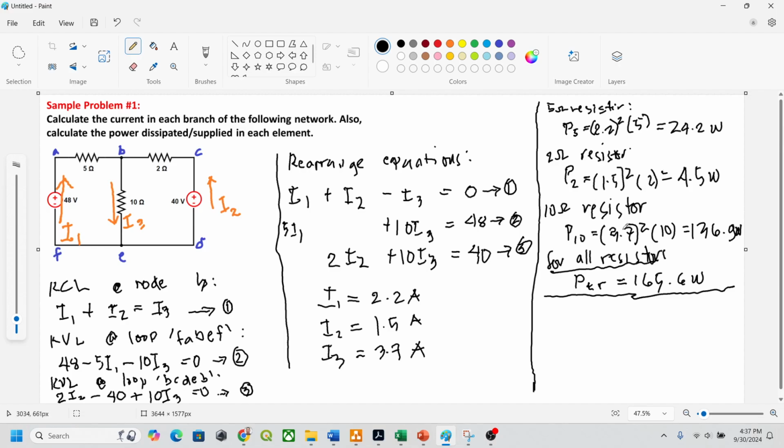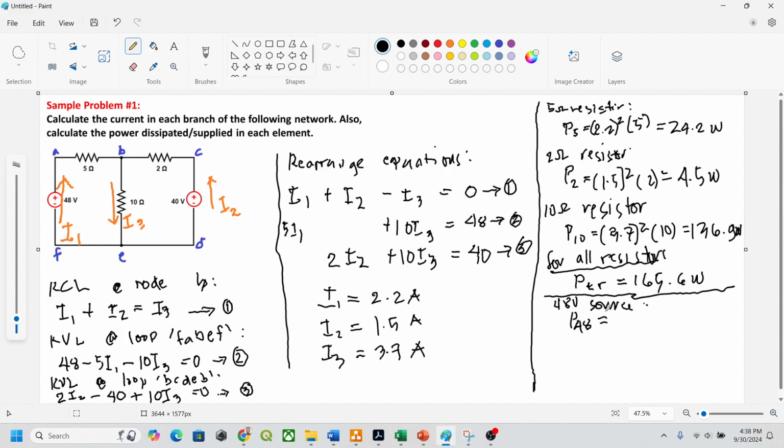Now, we will try to solve for the power of each voltage source. For the 48 volt source, we call it P48.